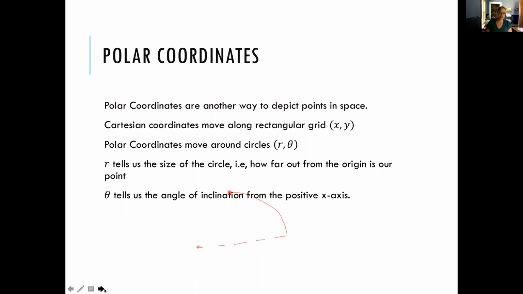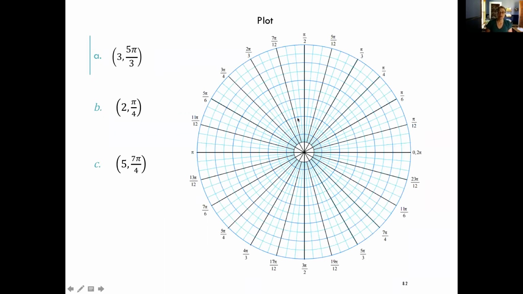So let's take a look at this. We're going to plot these 3 points on this polar coordinate system. I will give you this image in a printable form on the course website so that you can have it.